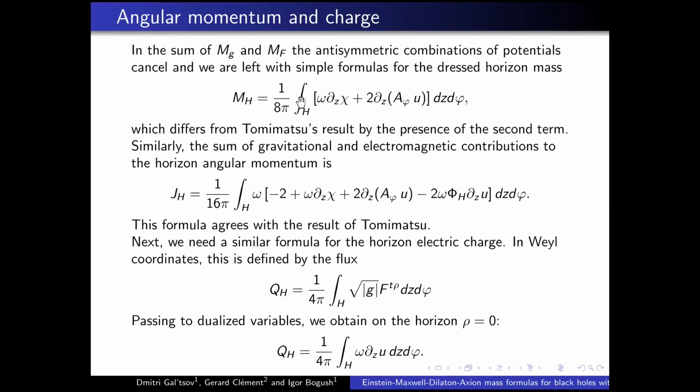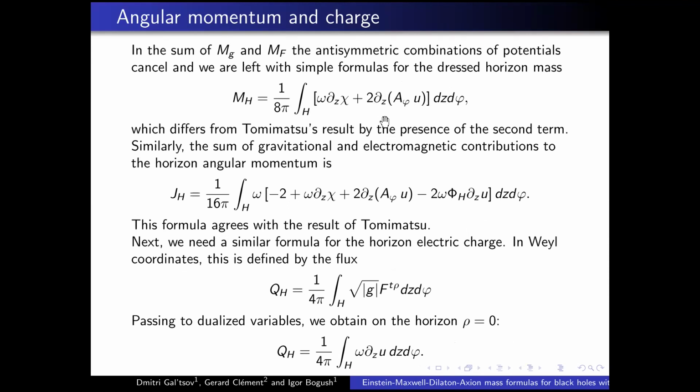After that, you still have to do some transformations to present it in that form. And this differs from Tomimatsu by the last term. It is just a problem of calculations. If you do it accurately, you have this term. I don't know why Tomimatsu forgot that, I don't know.